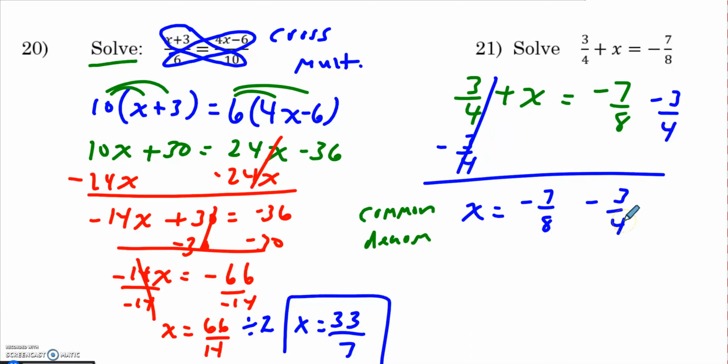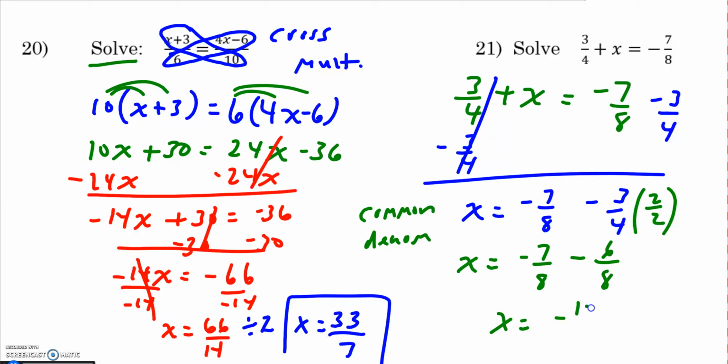If you notice instead that this fraction just needs a 2/2 to get this denominator to be 8, that is the faster way to do the problem. So you have negative 7/8 minus 6/8, which is where I got my answer of negative 13/8. And remember, please never change the denominator. You only combine the numerators.